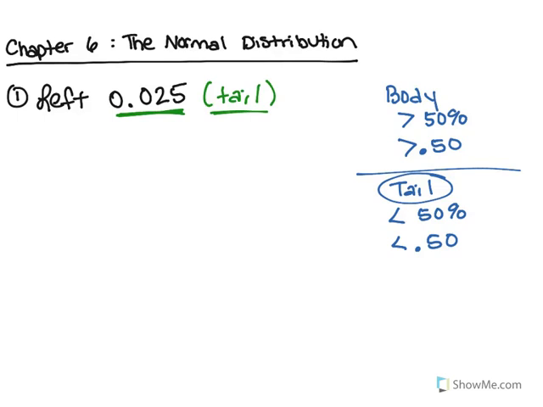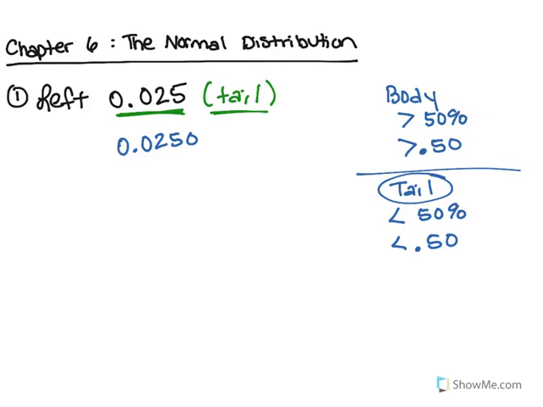Now that we know 0.025 is a tail, look at the table: the body column, the tail column, and mean and z. All of the area measurements have 4 decimal places, so we're looking for 0.0250. The fourth decimal is a 0. You simply go down the tail column until you find 0.0250.